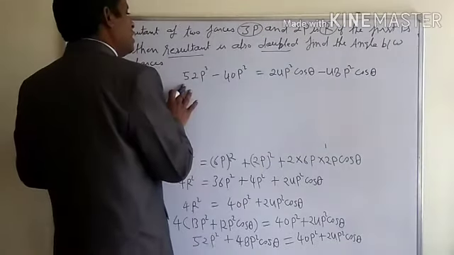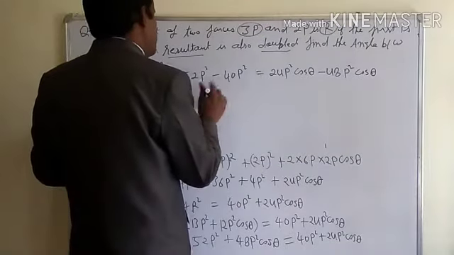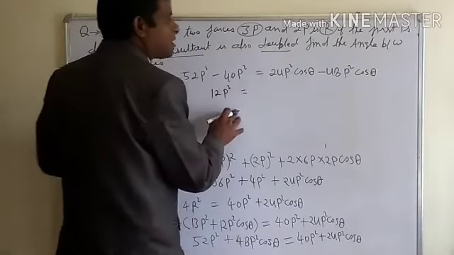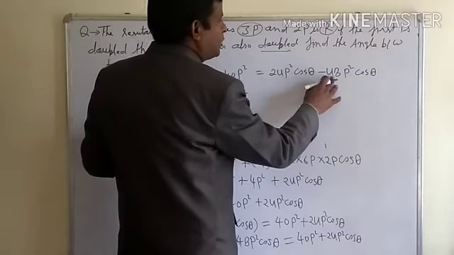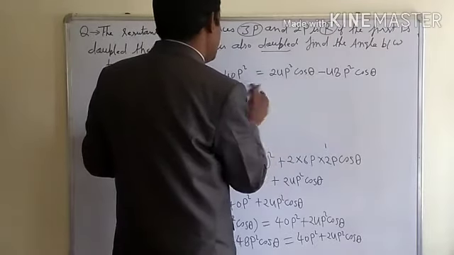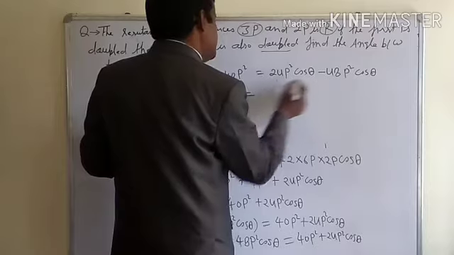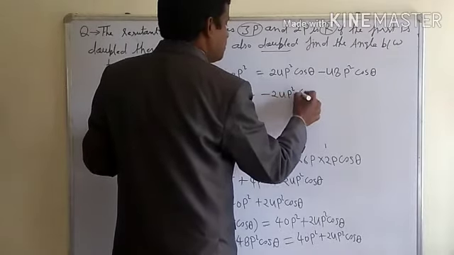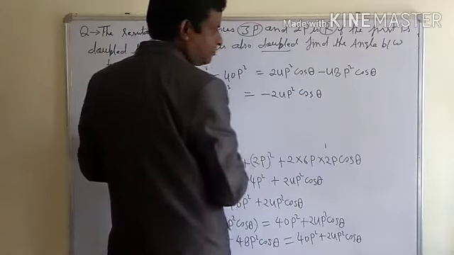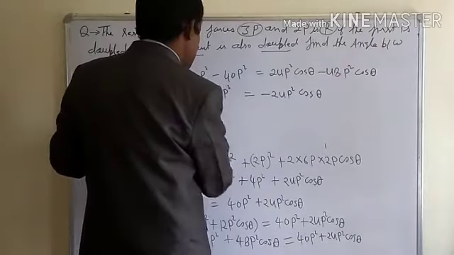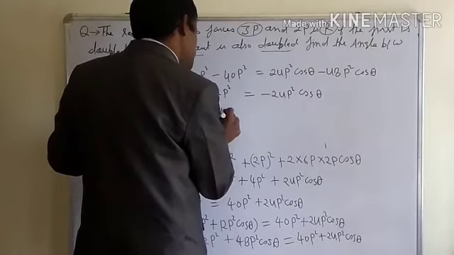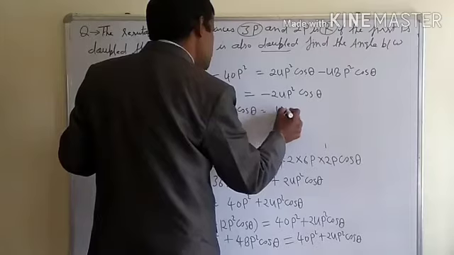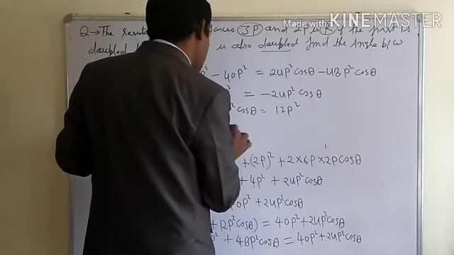See, 52 minus 40 will become 12 p square. 24 and 48, 48 minus 24, minus is greater, so we will write minus 24 p square cos theta. So we will write minus 24 p square cos theta is equal to 12 p square.